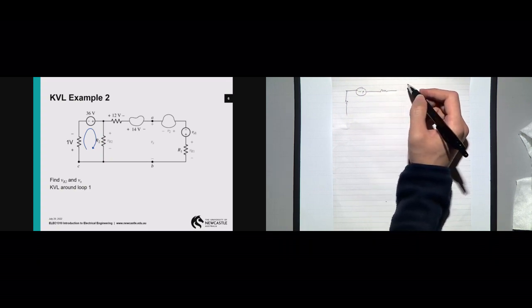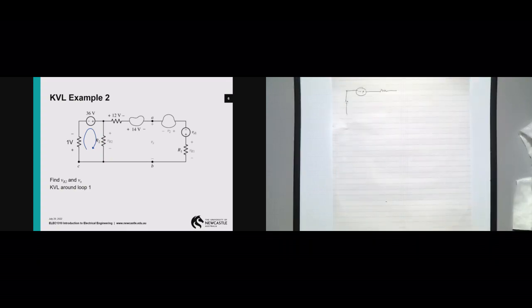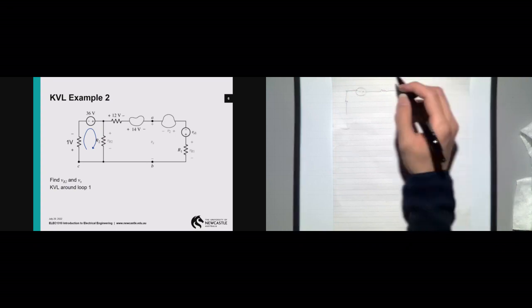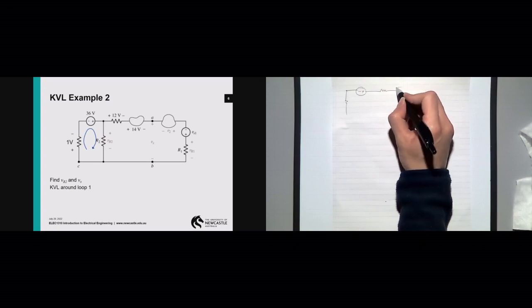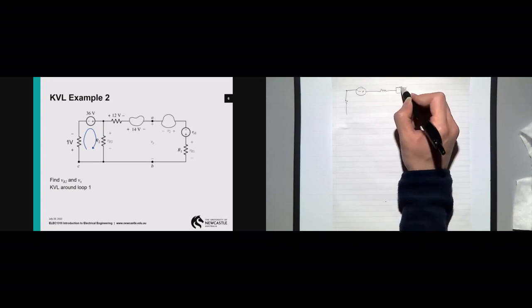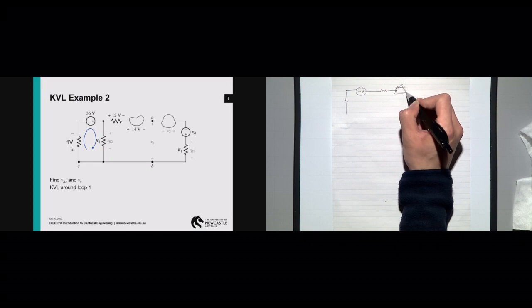We have a blob here. A blob, essentially, you don't know what it is. It can be a resistor, a load, a component that absorbs energy, or a component that delivers energy. We're not sure. So call it a little blob here. Maybe I'll just represent it by a triangle.